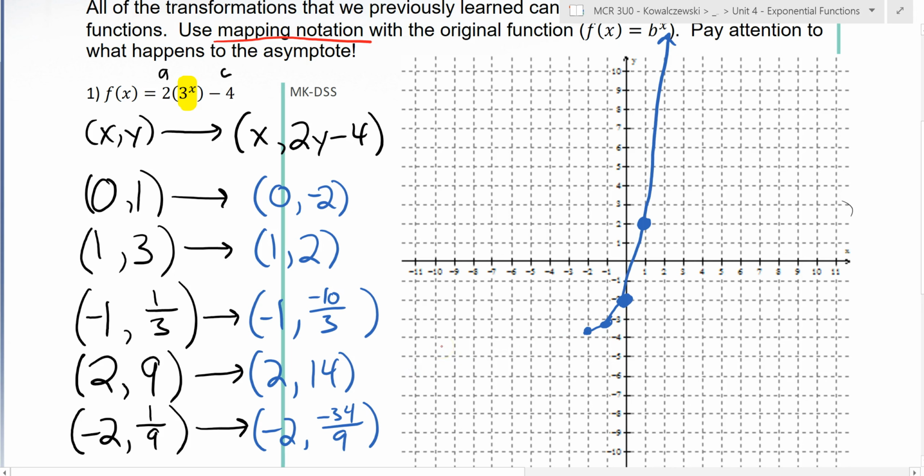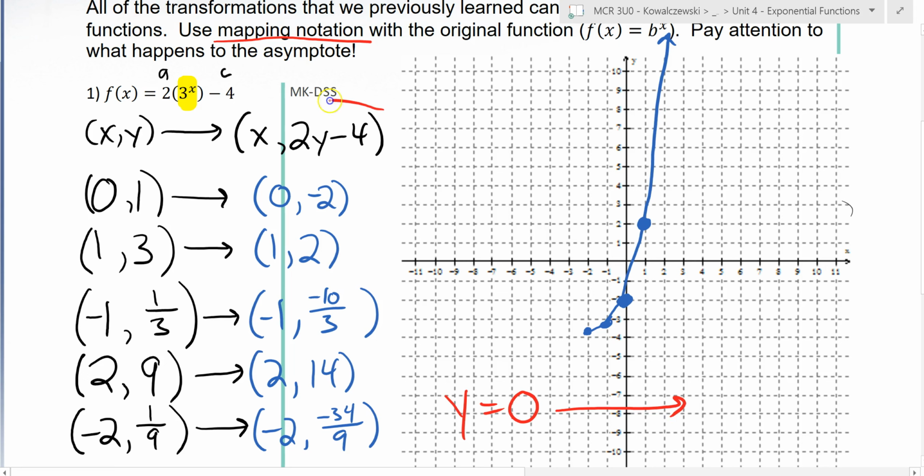Well, what we have to think of, try to remember from yesterday's lesson, we have an asymptote for this function at y equals 0. So if I were to draw a dotted line like this, y equals 0, the curve is not supposed to be crossing that. But obviously it is, in this case at least. So the question is, what is going to happen to that asymptote y equals 0?